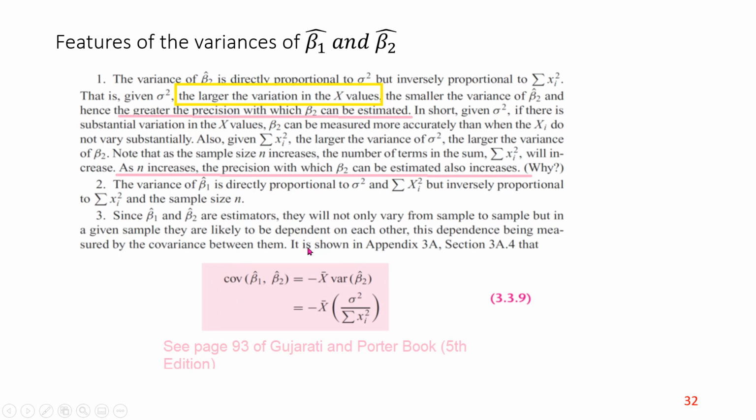If you wish to derive the full form of this covariance, it is given on page 93 of the Gujarati and Porter book. So just as an exercise, go to page number 93, and there is a detailed derivation available for this covariance. By the way, if you don't have a theoretical understanding of what covariance is, please watch my lecture series on introductory statistics, where I have introduced the concept of covariance.